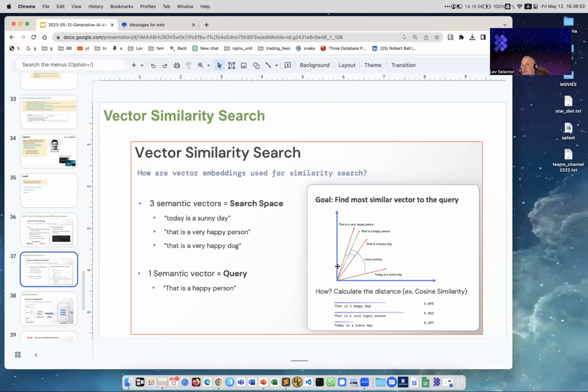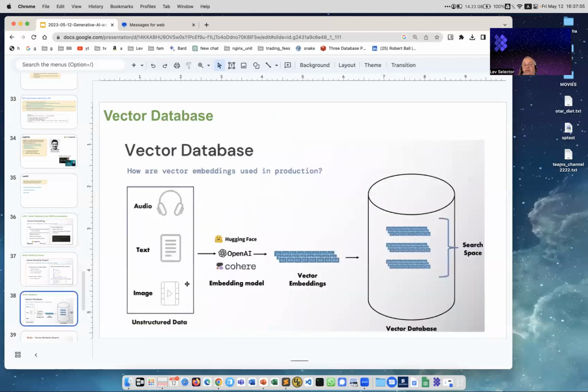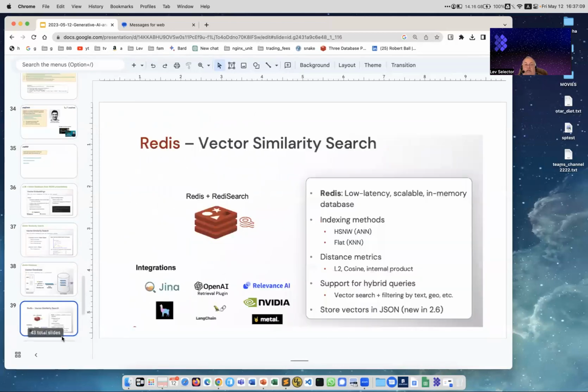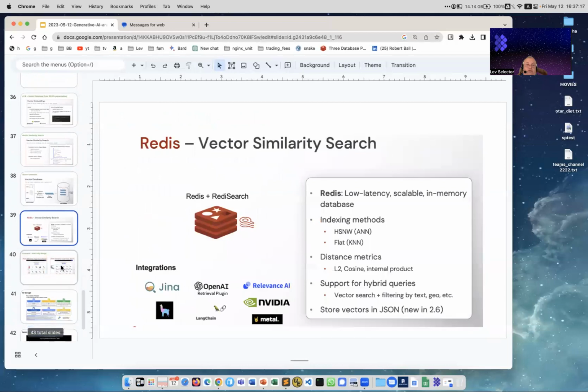This is similar to when I was talking about embeddings for words. Remember king, queen, man, woman. So this is a similar approach with vectors, with embeddings, and they make the database a vector database. And then they can do comparisons.